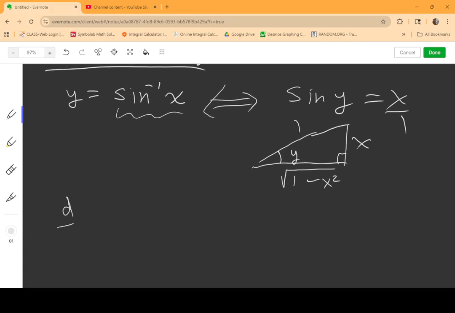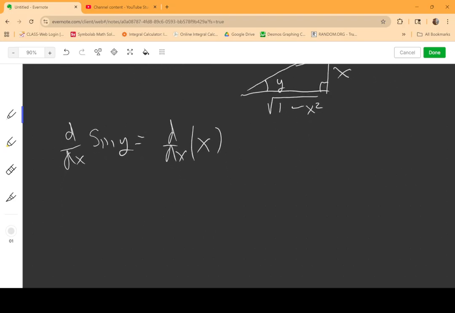And the derivative with respect to x of sine of y is equal to the derivative with respect to x of x. Using our implicit differentiation, we get cosine of y times y prime, and of course just 1. So we get y prime equals 1 over cosine y.